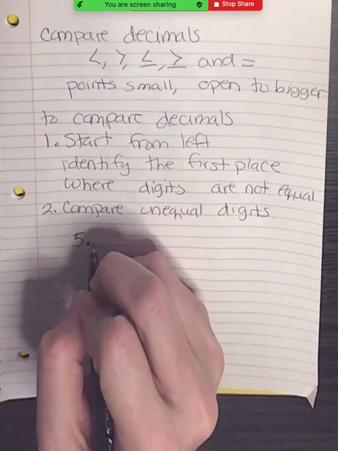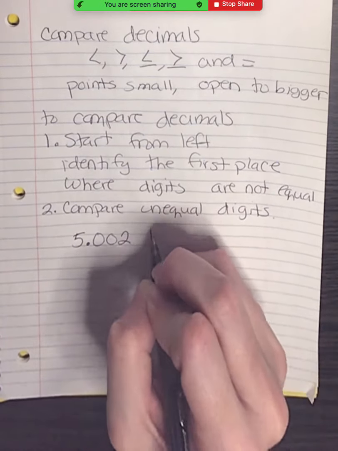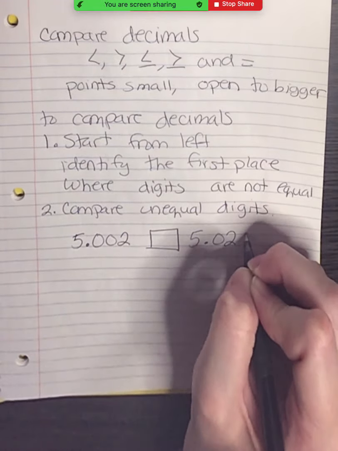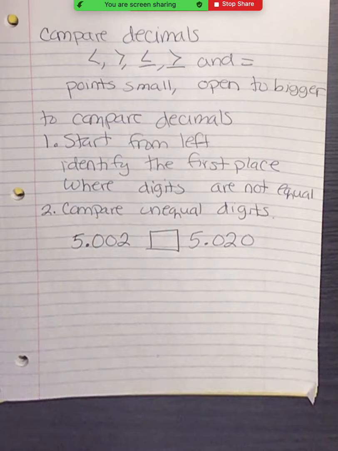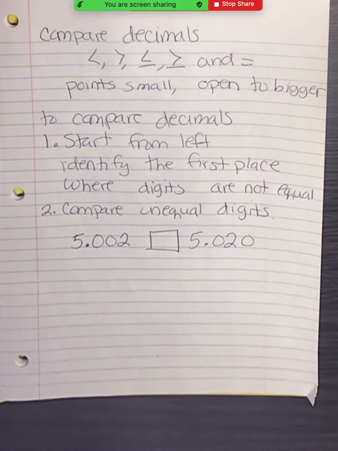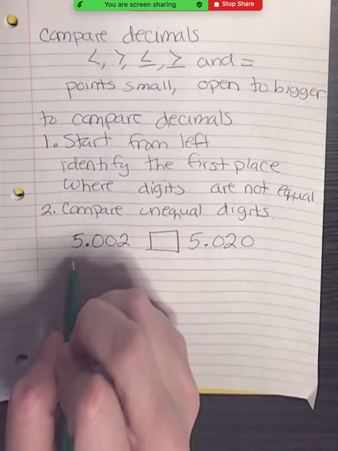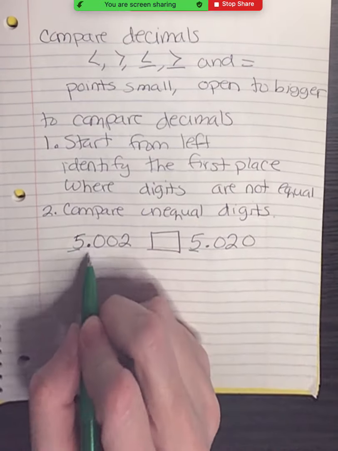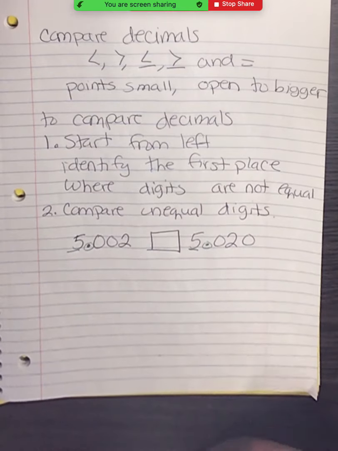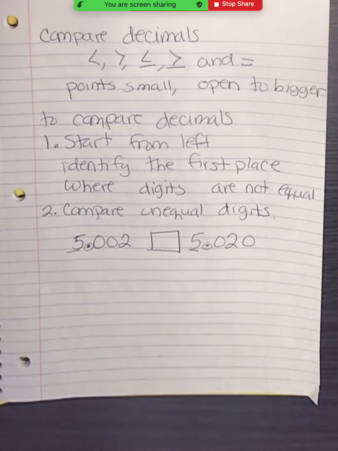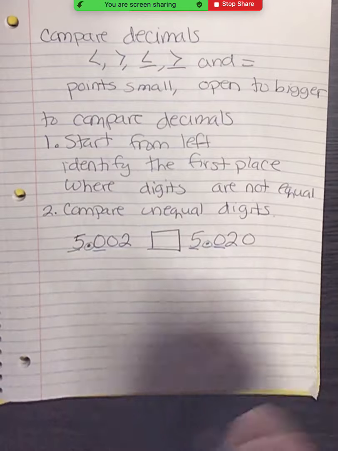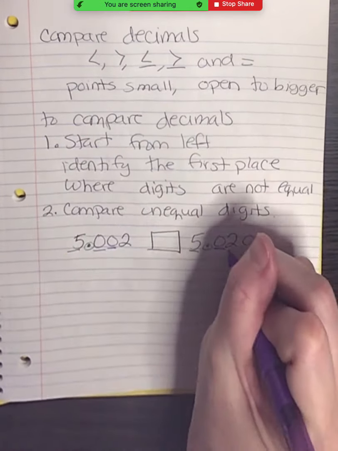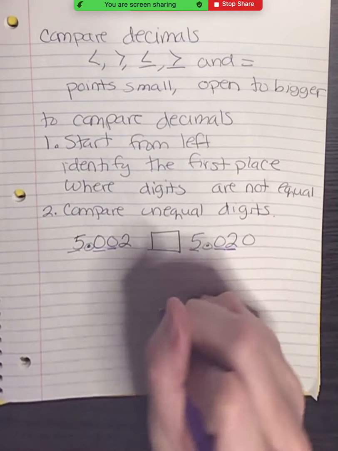Those are equal. Then I go to the next digit. On the left I have a 0, but on the right I have a 2. So 0 is bigger than 2. Or not, 0 is bigger than 2, sorry. 2 is bigger than 0. So that means 5.02 is bigger than 5.002. Okay? So that is 3.1.